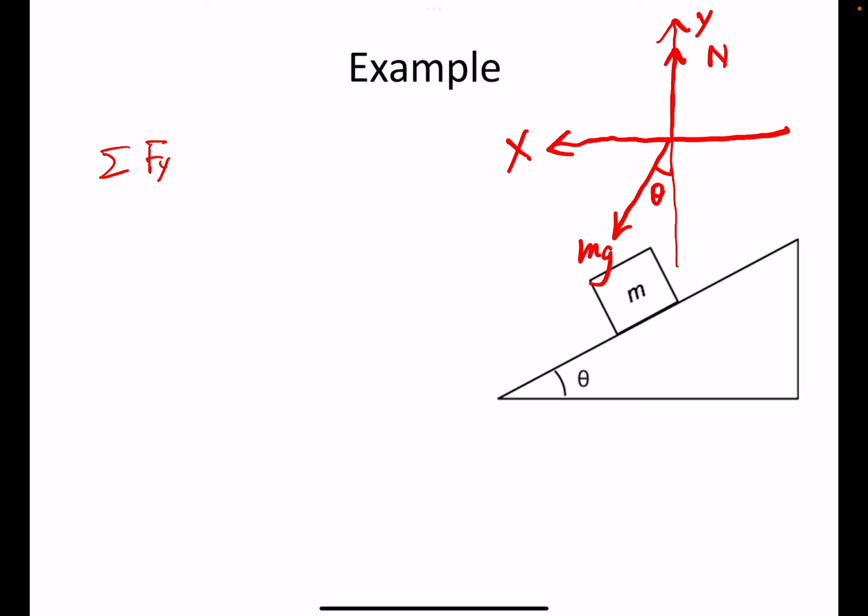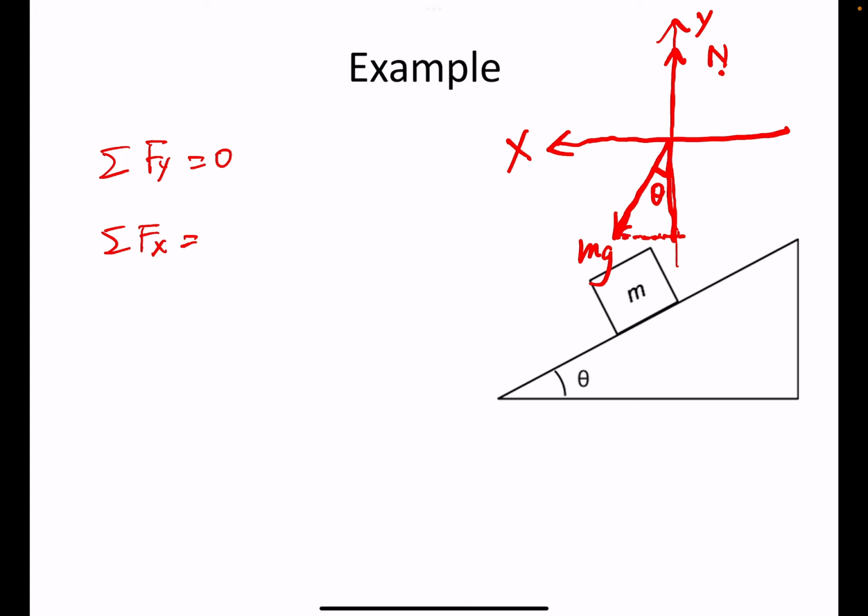So as we discussed, net force in the y direction is 0. Net force in the x direction: the normal force doesn't have any component in the x direction, only mg. If you look at this right triangle, the hypotenuse is my mg, and this is angle theta.